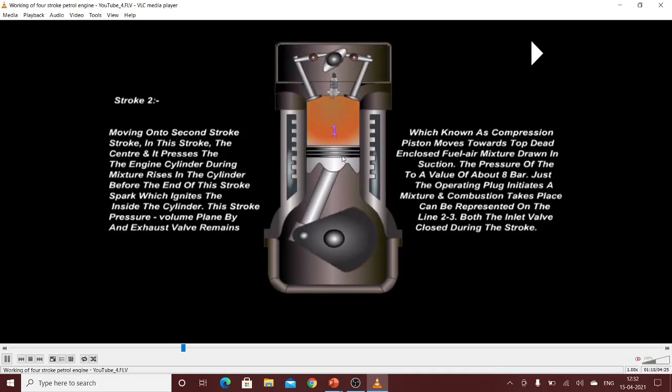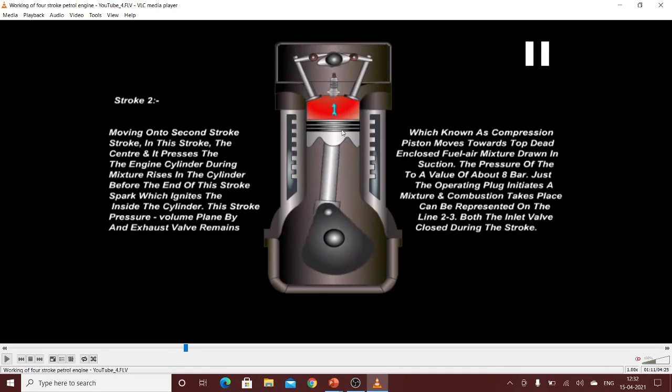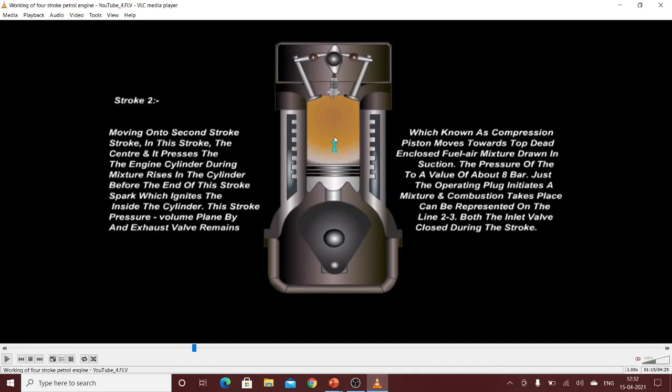Due to this compression, the pressure and temperature of the mixture increase. When the piston reaches just the TDC, the spark plug will ignite the spark. So the second stroke is called the compression stroke.